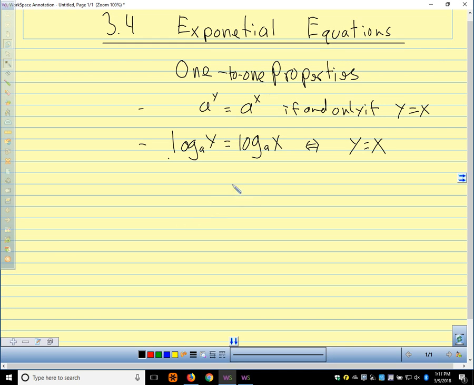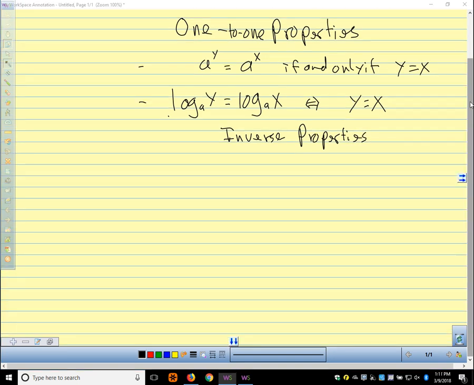The other properties are the inverse properties. The inverse properties tell us essentially that inverse functions undo each other. So log base a of a to the x equals x, and a to the log base a of x equals x.